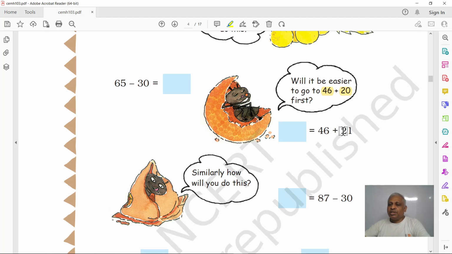So you split this 21 as 20 plus 1. So 46 plus 20 plus 1 is easier to add, right? 46 plus 20 is 66, 66 plus 1, 67, right?